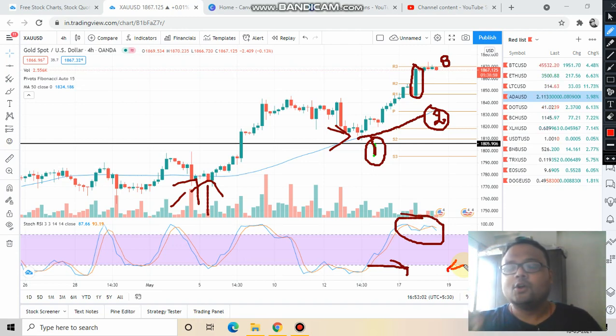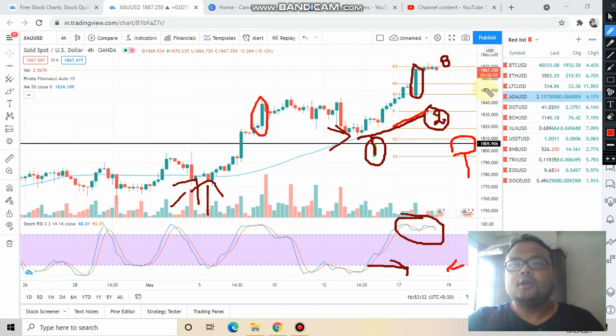Once it comes down to the oversold zone, it will be going up again. When stochastic RSI is going up again, just look at the position of the price. If you find the price taking support at the 50 moving average, then it's a sweet spot, you can go for a buy. Once you spot candlestick patterns like a hammer or a green candle like this, once you get a confirmation that the market is still taking support, considering the 50 MA as a valid support, you can go for a buy at the 50 moving average.